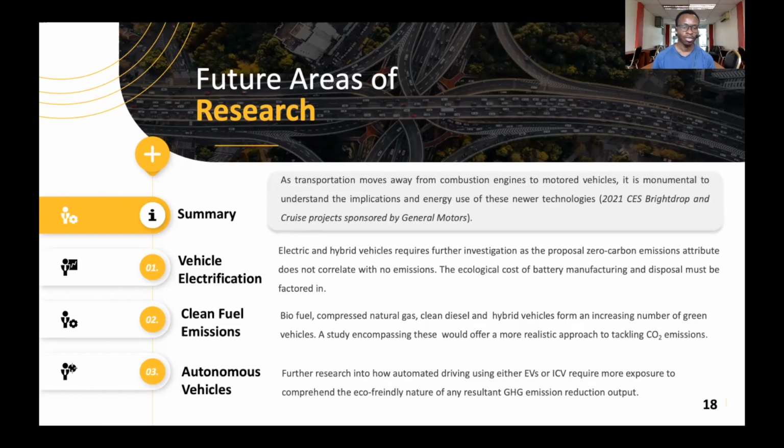Okay, so another part is, as I earlier alluded to, we've got truck platooning using autonomous vehicles. Now, lots of research in internal combustion engines have tried to incorporate autonomous vehicles, autonomous driving, but in which case it's still leading to carbon emissions, no matter how much the savings are.